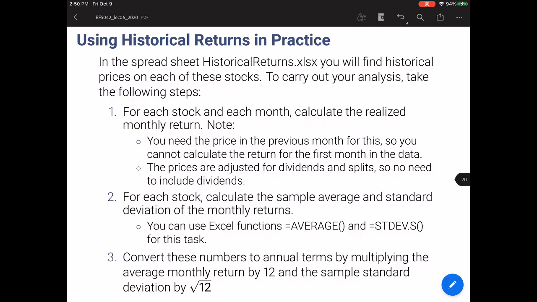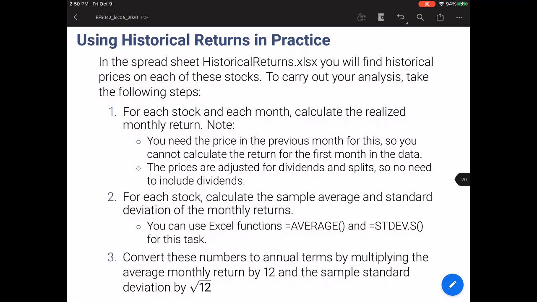Number 3, you should convert these return estimations and standard deviation terms into annual terms. Number 3 tells you to multiply the monthly return by 12 because the return is for each month, so we just extrapolate it to 12 months by multiplying by 12. But remember to only multiply the standard deviation by root 12.